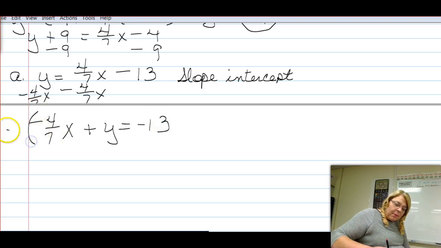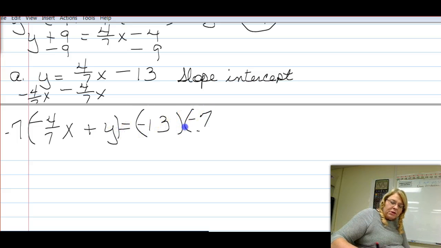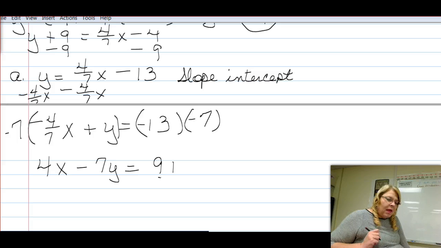I'm going to multiply by -7 so that my x turns positive and is no longer a fraction. That gives me positive 4x minus 7y equal positive 91. And that is the answer to 6. Look for part 2 for more of the questions.